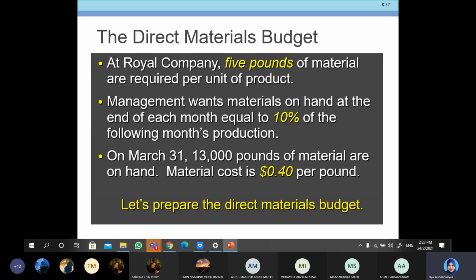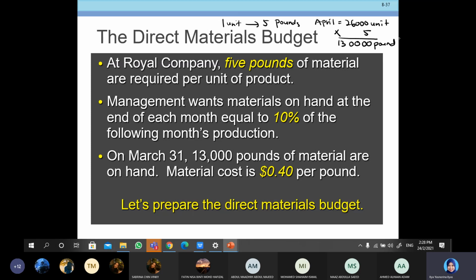Okay, so direct material budget. At Royal Company, 5 pounds of material are required per unit of product. Okay, 1 unit, we need 5 pounds. Then for April, we need 26,000 units. So that means for April, we need times 5, so we need 130,000 pounds.